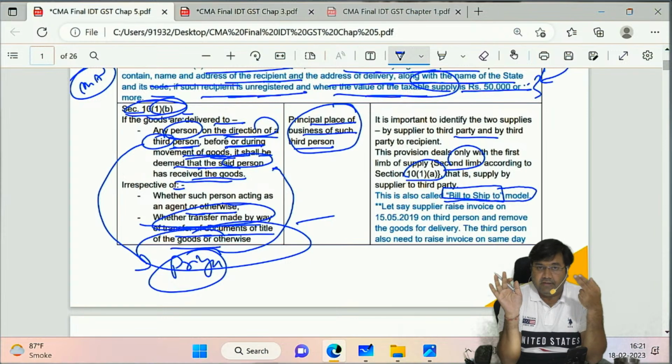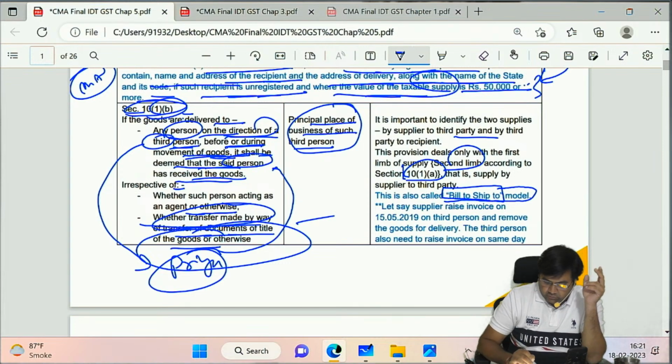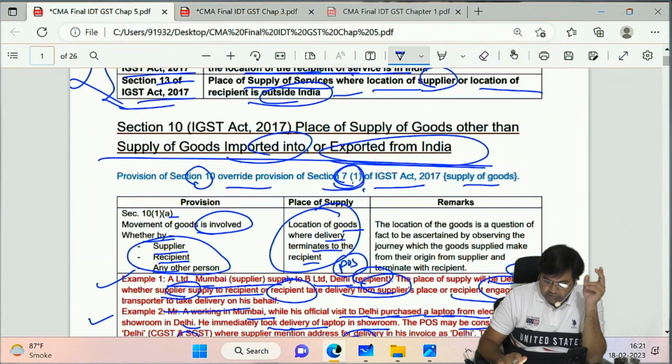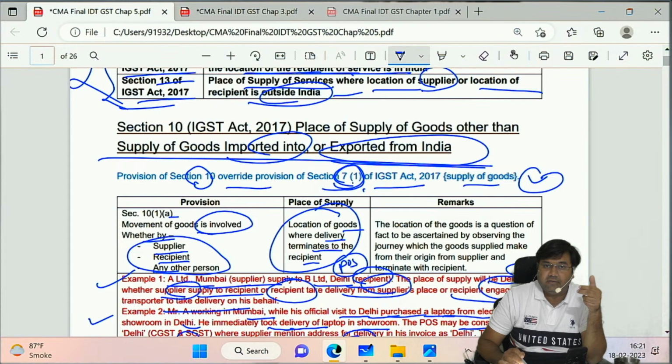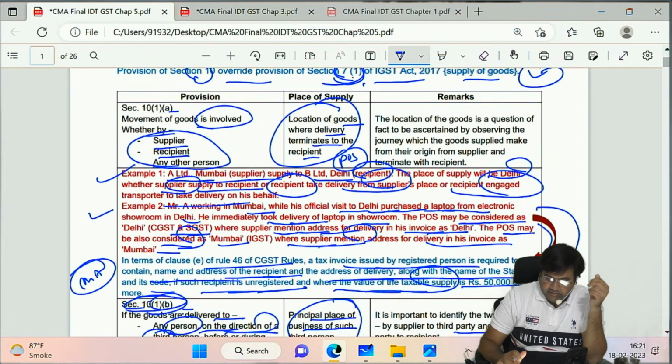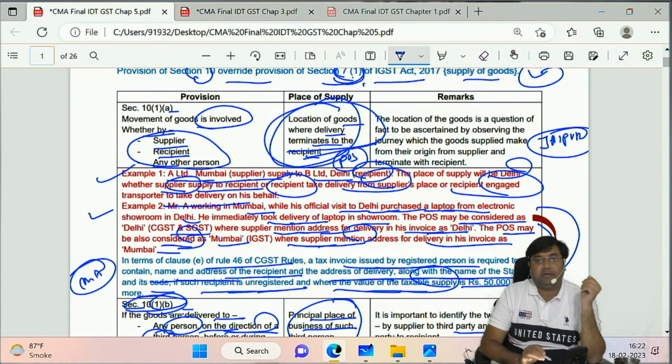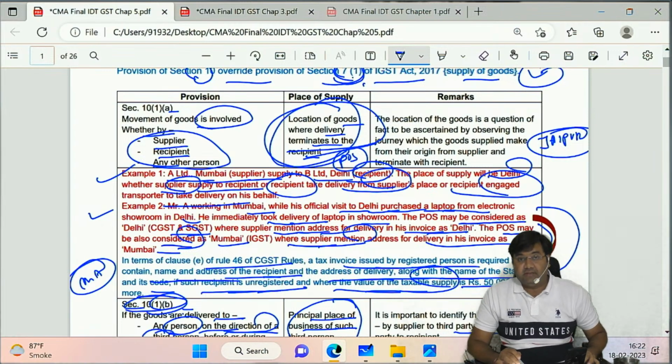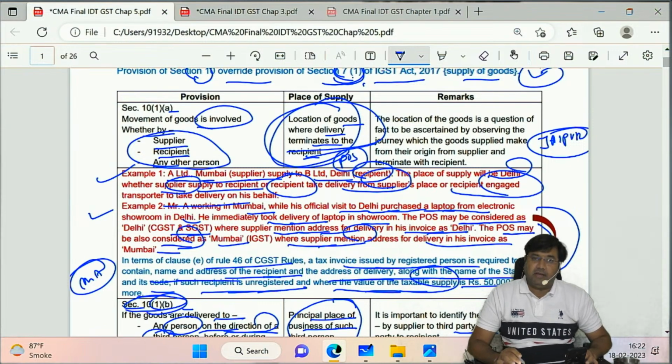For the second transaction where the actual delivery is there, which is to Amit Jain, it is decided according to section 10 subsection 1 clause A, which is movement of goods and where it is actually delivered, Jaipur. So for the second transaction between Priya and Amit, the place of supply is going to be Jaipur, where the delivery terminates. So this is not according to section 10 subsection 1 clause B, it is going to be according to section 10 subsection 1 clause A.